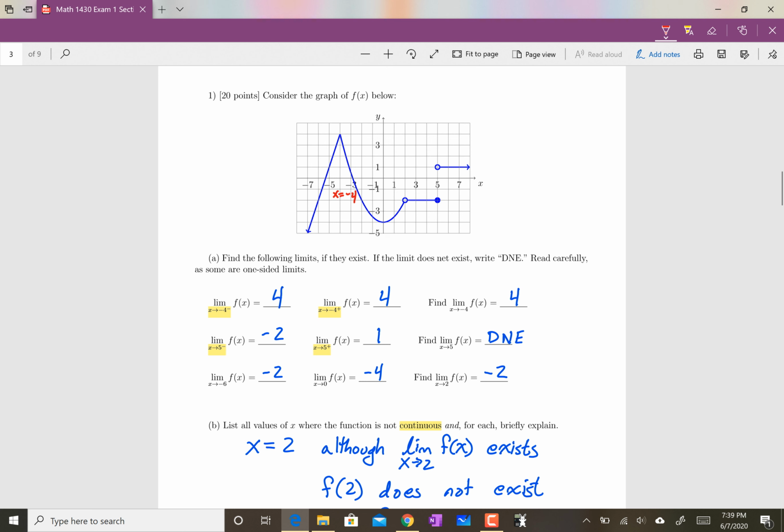If we were looking at the left side of the point on the graph when x is equal to -4, our tangent line would look like this, meaning that our derivative would have a positive value because the slope would be positive.